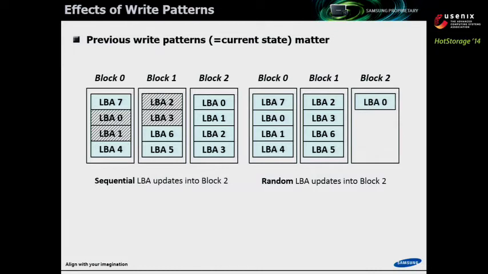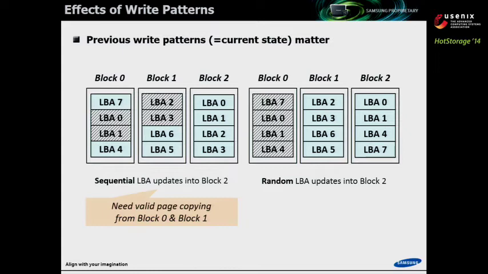The right example applies random LBA updates into block 2, and only block 0 is filled up with invalid data. Clearly, future garbage collection will proceed more efficiently in the right example, because block 0 can be reclaimed quickly without copying data. So as you can see, random updates can be operated more efficiently in SSD.